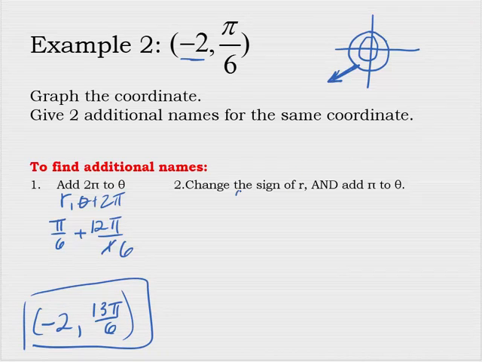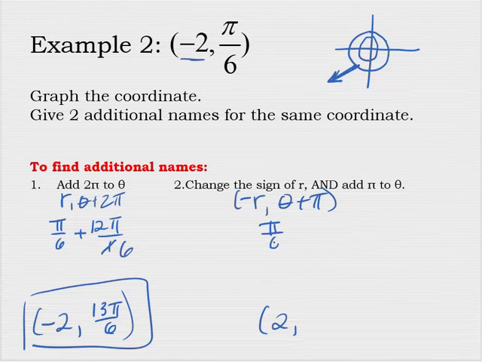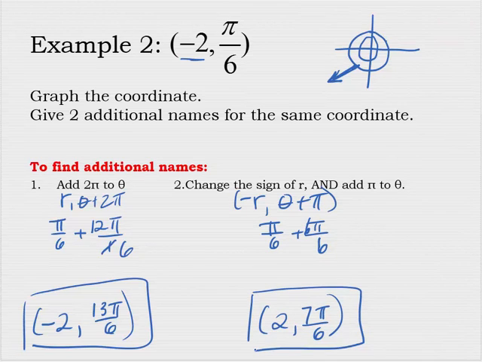The second one, I have to change the sign of r and then add pi to theta. So if r was negative here, I need to make it positive. Theta is pi over 6. If I add 1 pi, common denominator makes that a 6 over 6, so 6 plus 1 is 7. And there it is. There are my two names for the same point that I started with. Let's try another one.